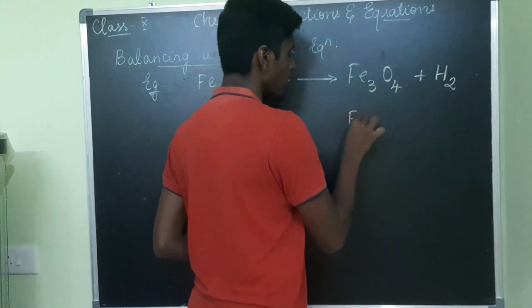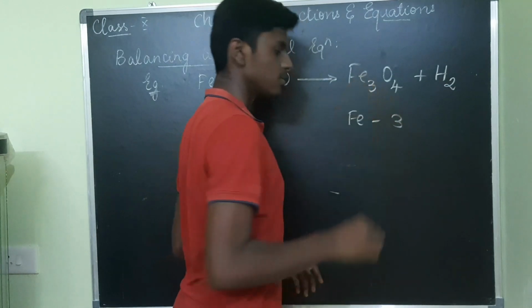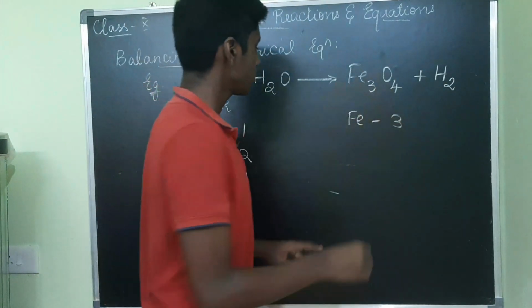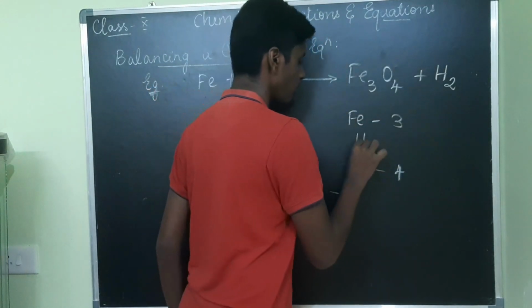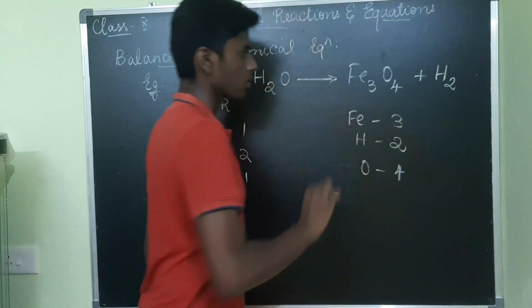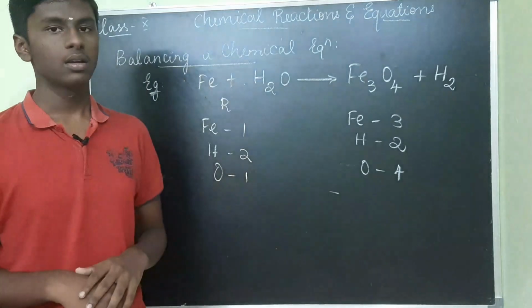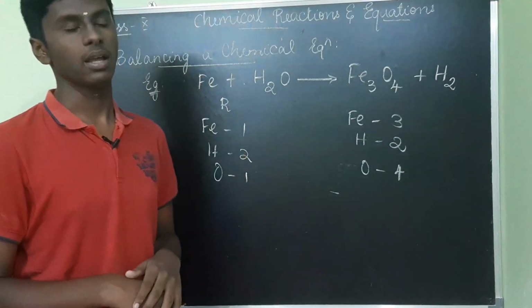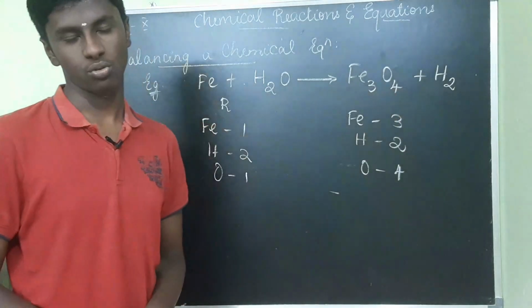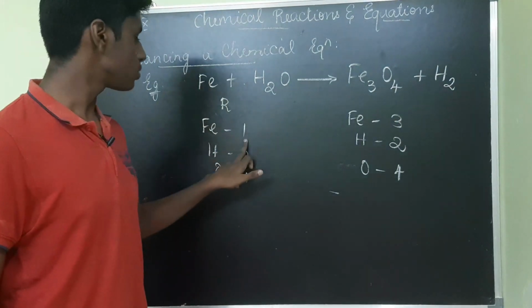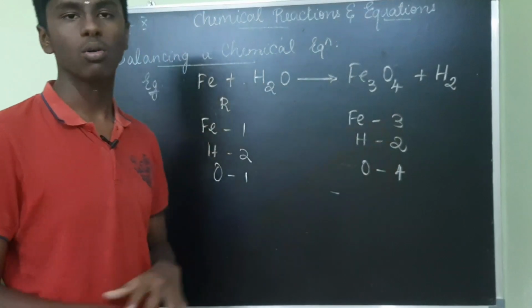Here on the product side, iron is 3, oxygen is 4, and hydrogen is 2. So it is very clear that in Fe plus H2O gives Fe3O4 plus H2, the iron atom is 1 on one side and 3 on the other.